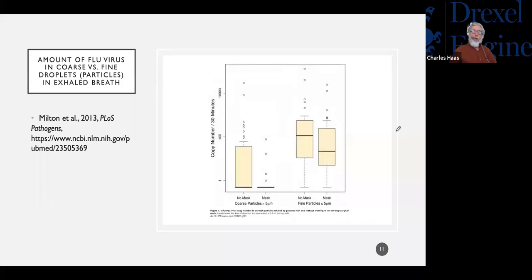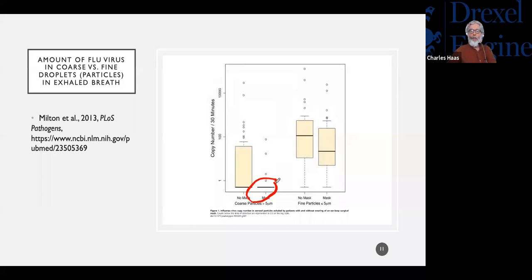This is more work by the same group as in the previous study, who looked at the question of masks. And of course, this is in accordance with WHO and CDC recommendations. For coarse particles, we get very good reduction of RNA in the exhaled breath if the subjects were wearing a mask.